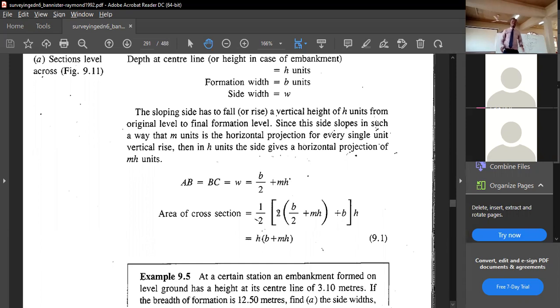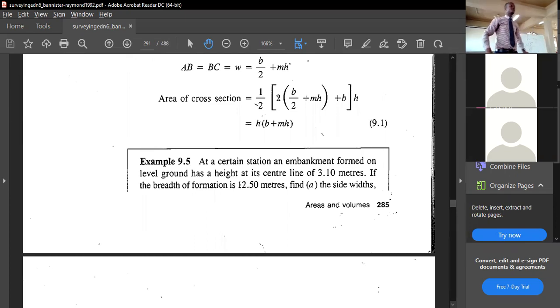So when you get to the size, you just multiply and continue studying. Simple. Yes, that's cross section done.